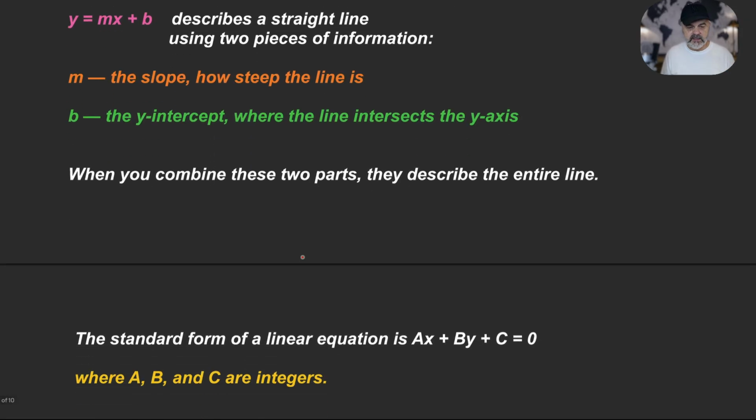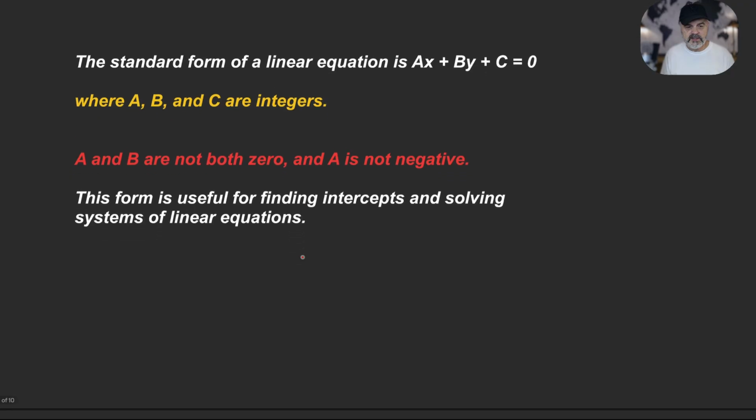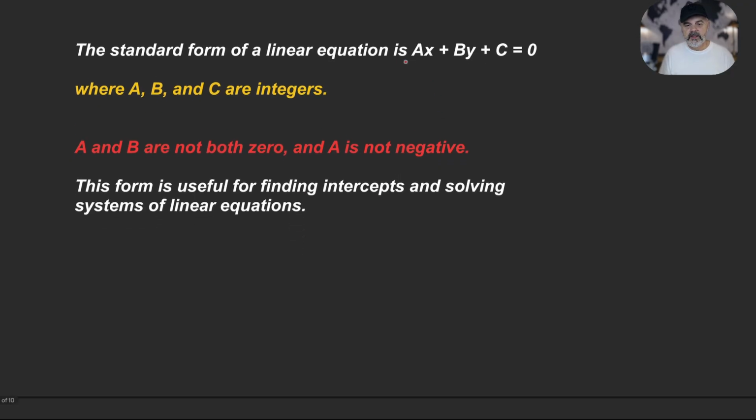Then you have an equation that looks a little bit different. You have integers in the statement, and you have ax plus by plus c is equal to 0, where both a and b cannot be equal to 0 at the same time. Because if they were both 0, then the linear function would not exist.